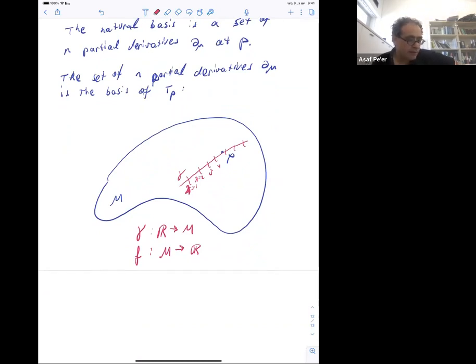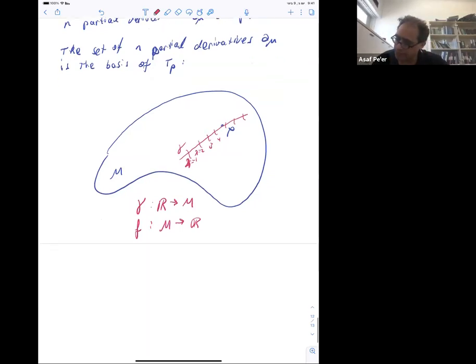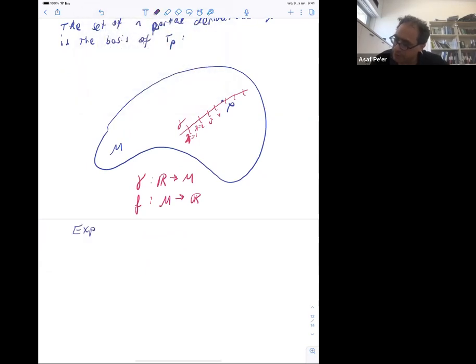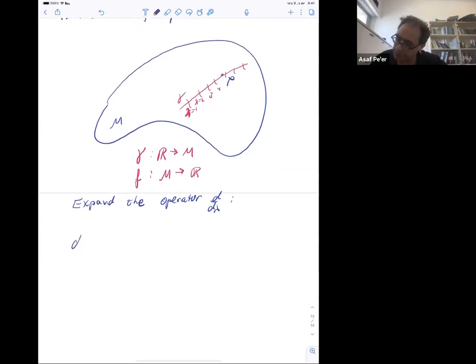Then we can expand the vector, or the operator d over d lambda, in terms of the partial derivatives. So d over d lambda of the function f, what is that?